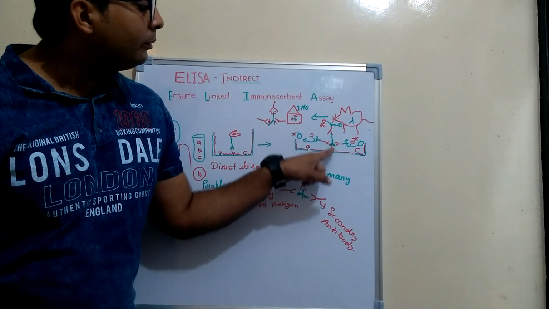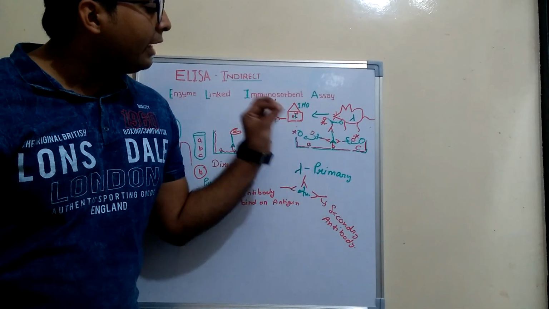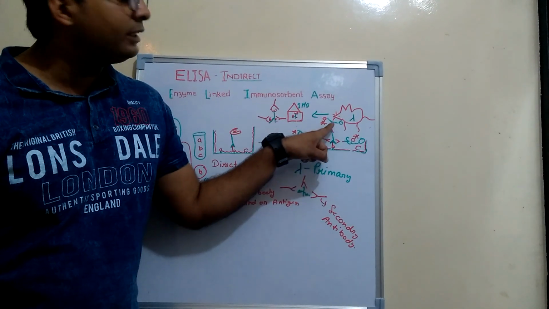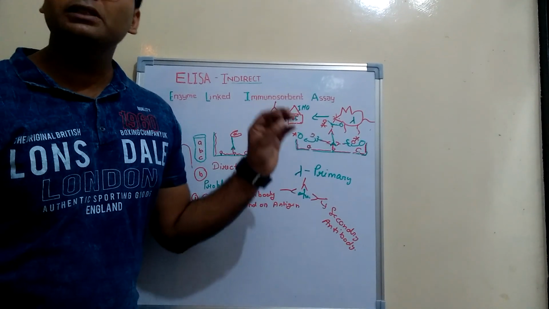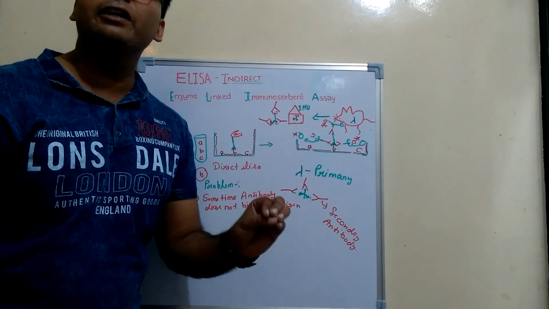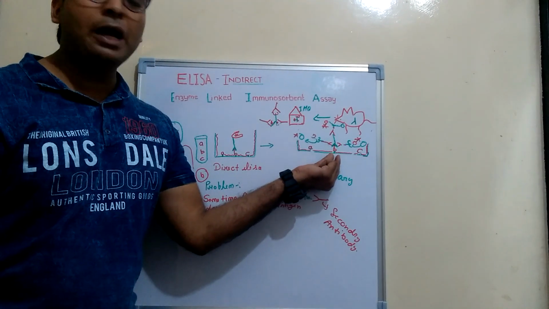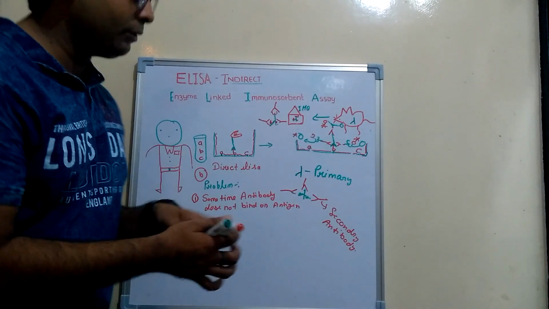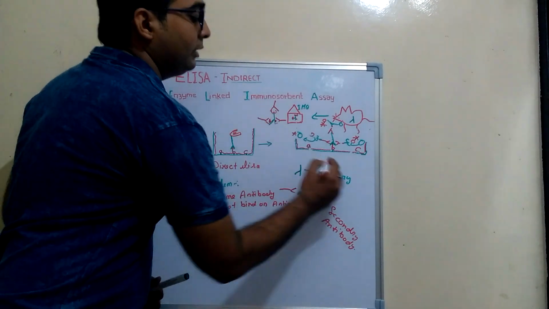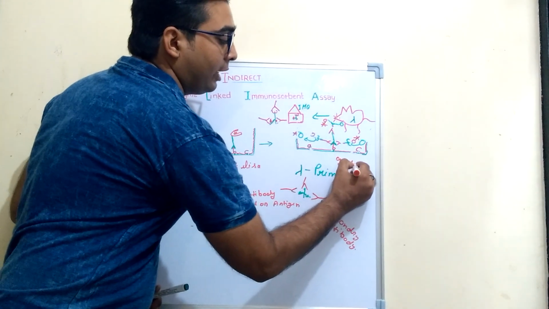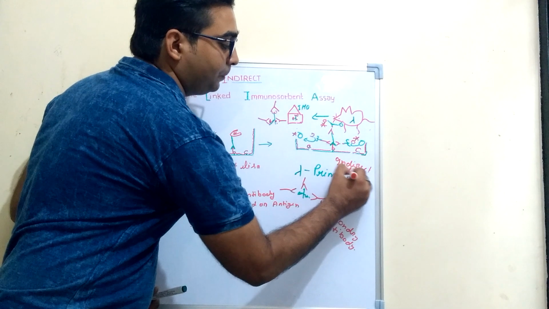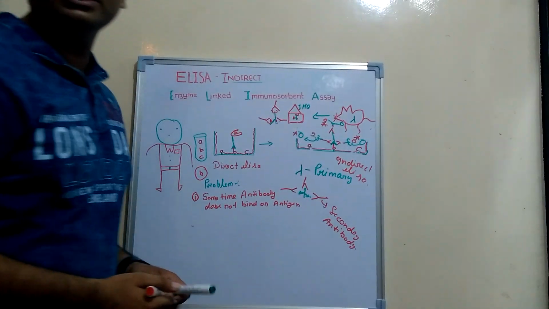There is a mediator, the primary antibody, between the antigen and the secondary antibody. It means that the enzyme linked secondary antibody has no direct contact with the antigen. That's why this type of ELISA is known as indirect ELISA. This is the indirect ELISA.